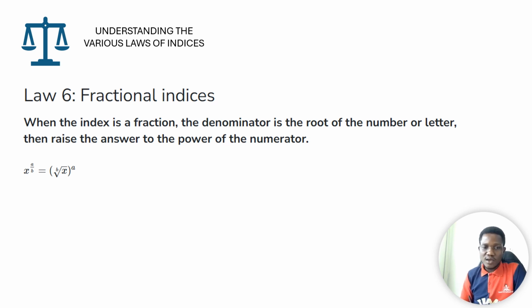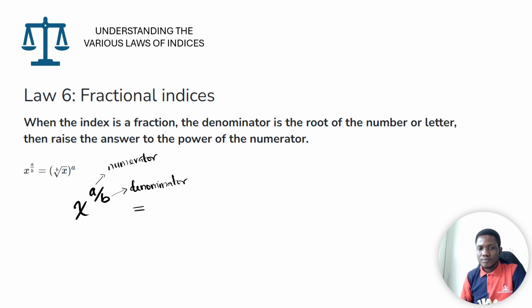So in this case, we have x to the power of a over b as a fractional index. The denominator is b, and a here is the numerator. Like I said, the denominator is the root of the number or letter.